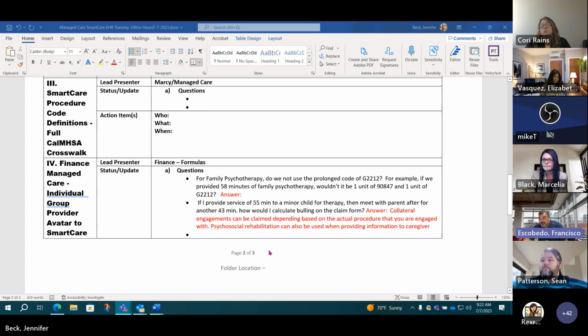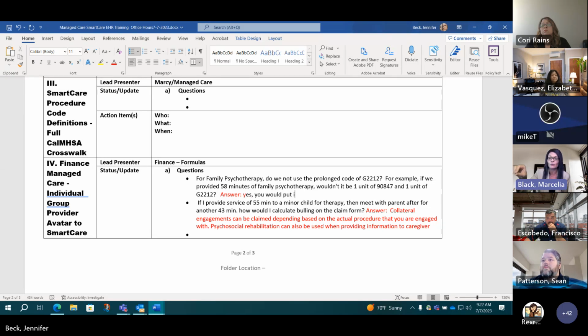For family psychotherapy, do we not use the prolonged code of G2212? For example, if we provided 58 minutes of family psychotherapy, wouldn't it be 1 unit of 90847 and 1 unit of G2212? That's correct, Rohina, but all you would need to do is put in the SmartCare procedural code with 58 minutes, and SmartCare will take that procedural code and do exactly what you said.